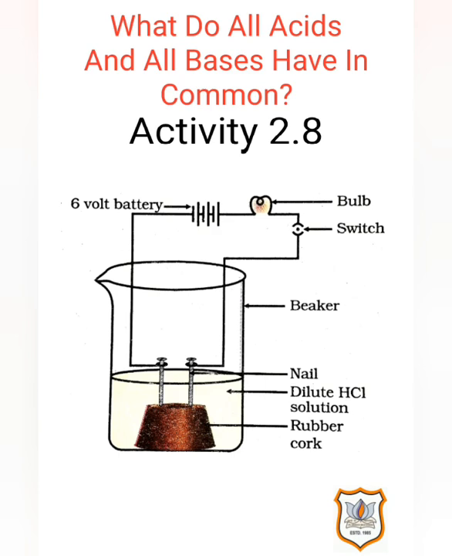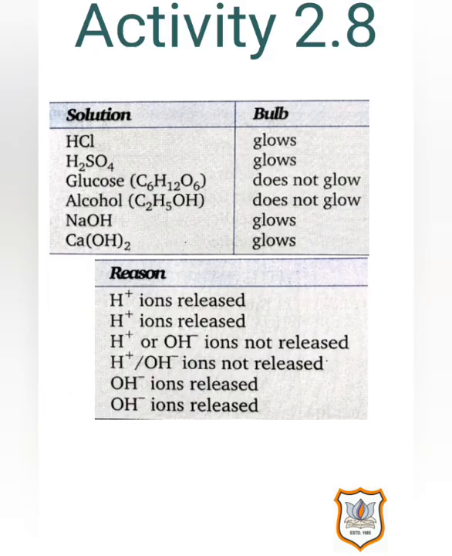Along with that, glucose and alcohol, that is C6H12O6 and C2H5OH, that is ethanol, solutions do not glow the bulb, while sodium hydroxide NaOH glows the bulb, and calcium hydroxide Ca(OH)2 also glows the bulb. So here glowing of the bulb indicates that there is a flow of electric current through the solution. The electric current is carried through the acidic solution by ions.